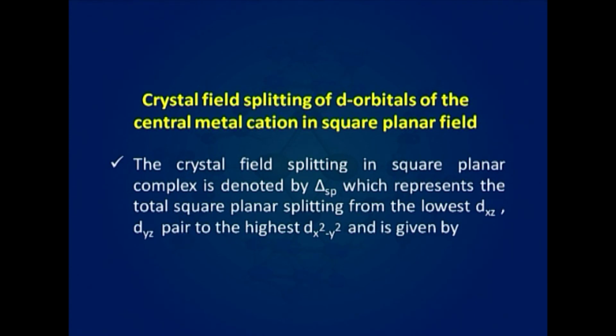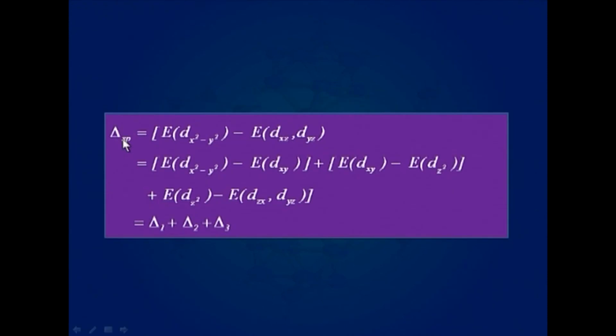This delta Sp represents the total square planar splitting from the lowest dxz and dyz pair to the highest dx square minus y square and is given by delta Sp equal to energy of dx square minus y square minus energy of dxz and dyz.